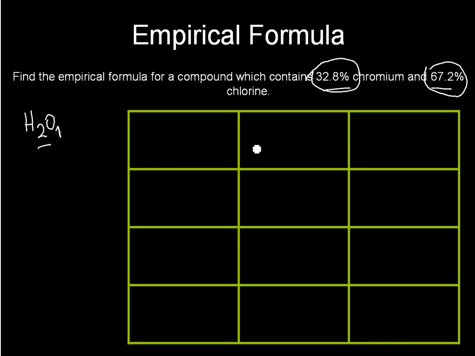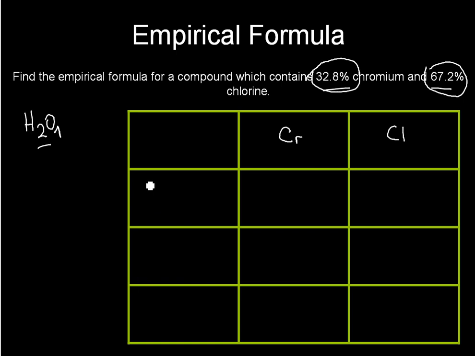So what we are going to do, I build a table because it's much easier for you, and it is going to be very easy for you to remember how to do them. In this case, we are going to put the symbol of the elements here, chromium and chlorine. Okay?